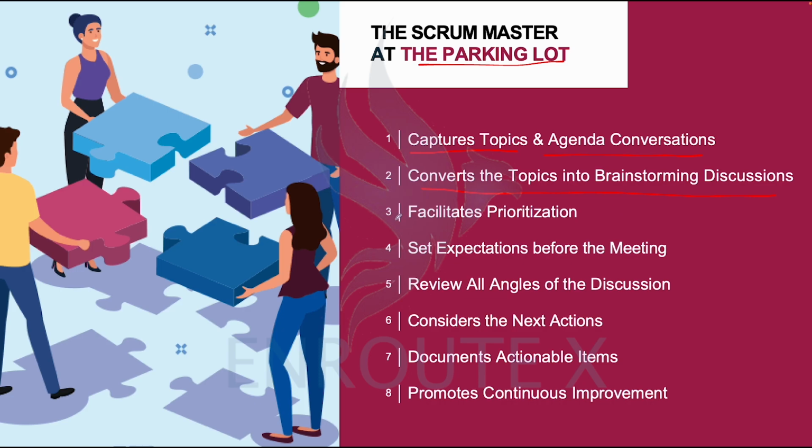We could see here, facilitate prioritization, because there are topics we've built together that we want to deal with. So it will prioritize them in order of importance, resolutions, impact or the value they could bring. It also sets clear expectations for that meeting and reveals the angle of discussion.